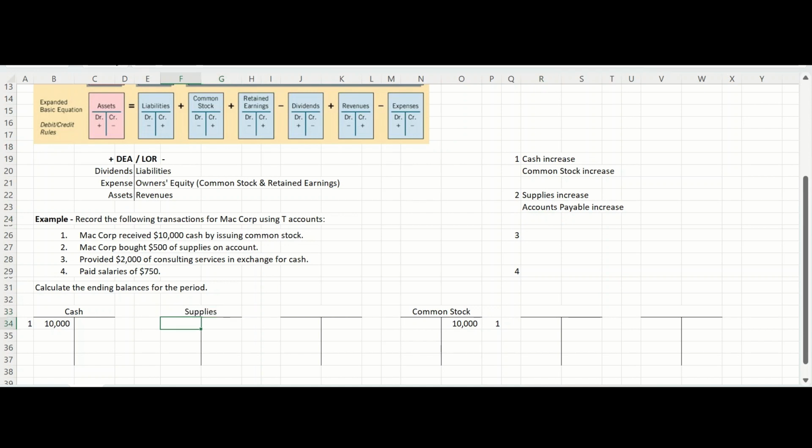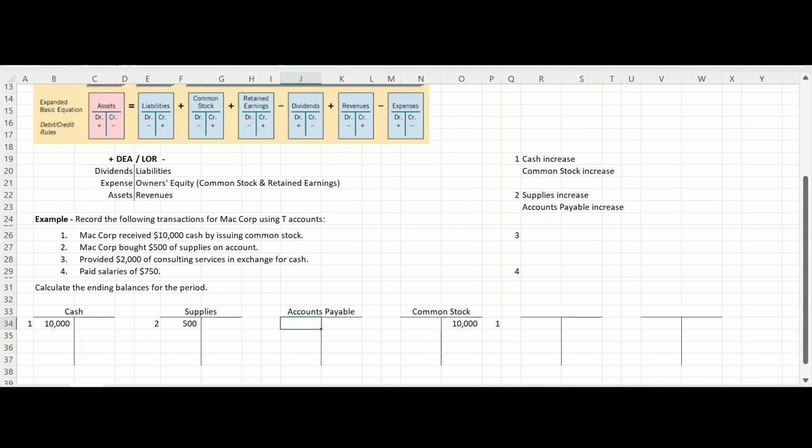So we have supplies, which is another asset account, being increased by the amount of supplies bought, and that was $500. So we'll have a debit to the supplies account, and I'm just going to put number 2 here to remind us that it's related to number 2. And then also the accounts payable account is being increased.